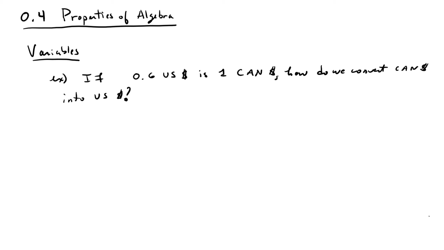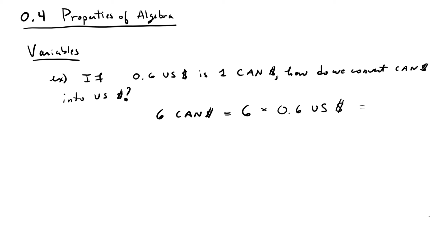Well, let's think about this. For instance, if I have 6 Canadian dollars, how many US dollars is that? Well, for every Canadian dollar, I get 0.6 US dollars. So if I have 6 of those, I'll get 6 times 0.6 US dollars, right?